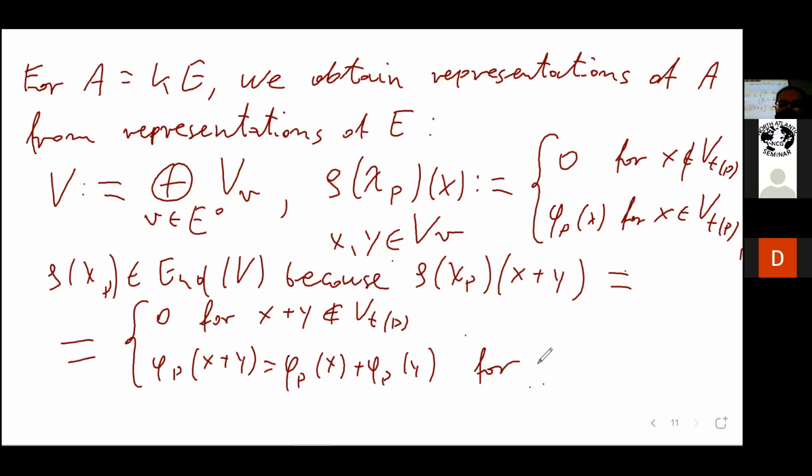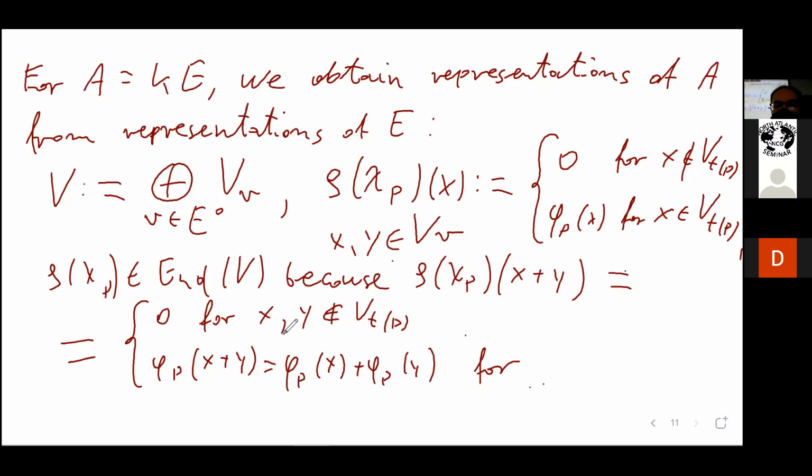And this is what happens for, maybe I can now write it like this. Here I put a comma, because by assumption I'm taking X and Y from the same vector space, okay? So this is what was my problem. So I put a comma.